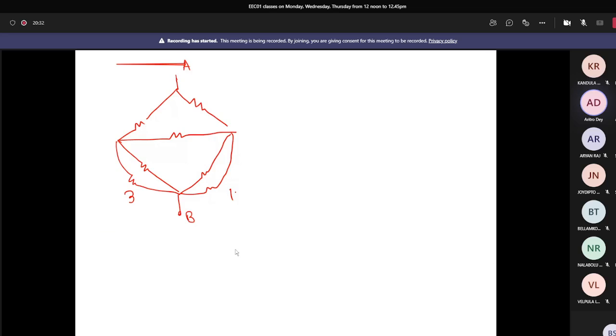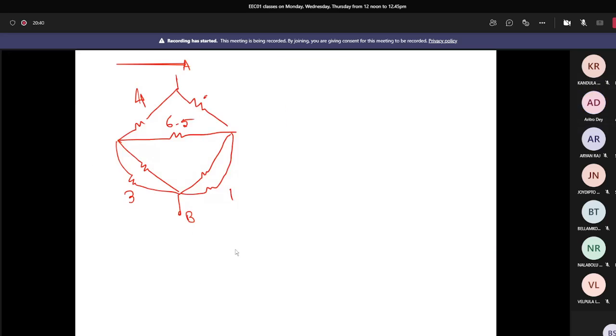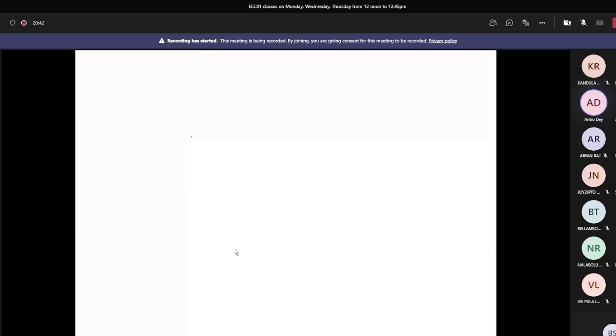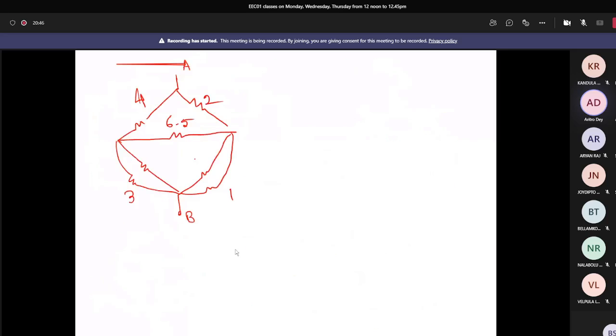R1 is 6.5. So here it is 6.5. This is 5, this is 4 and 2, and this one is 13. R2 is 13. R3 is 8.67. So now the task is to get the equivalent resistance for these two parallel paths and convert this delta into star. So we will do it.